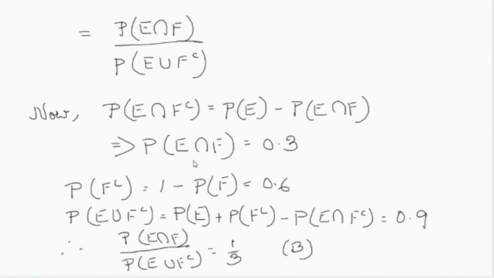Probability F complement is obviously 1 minus probability F, which is 0.6. And probability E union F complement is probability E plus probability F complement minus probability E intersection F complement.